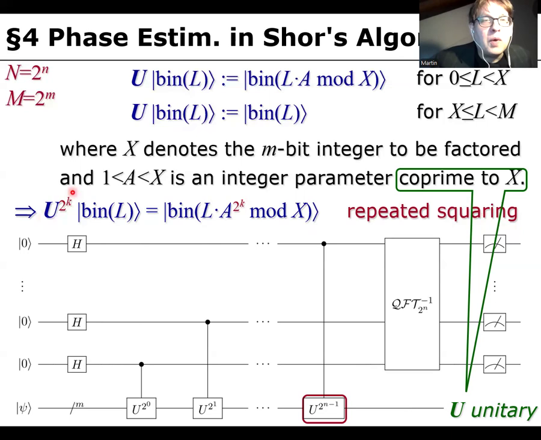We don't want to have u encoded in our quantum phase estimation algorithm repeated 2 to the k times, but instead we take the repeated squaring algorithm, convert that into a unitary matrix, and then this unitary matrix is not going to have size 2 to the n, but it kind of factors again. So that's what we're going to look at more closely next time.